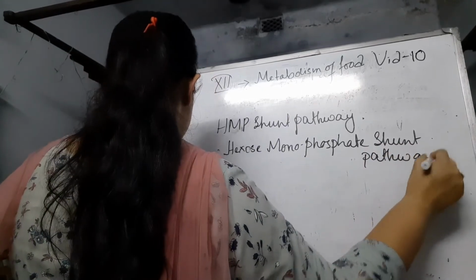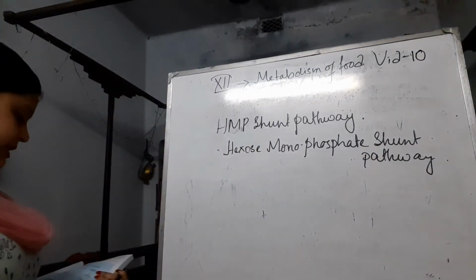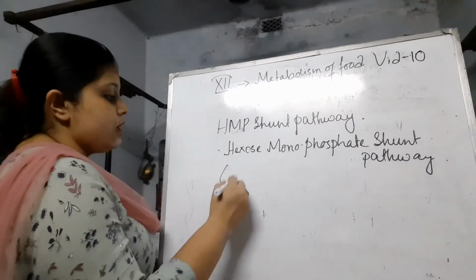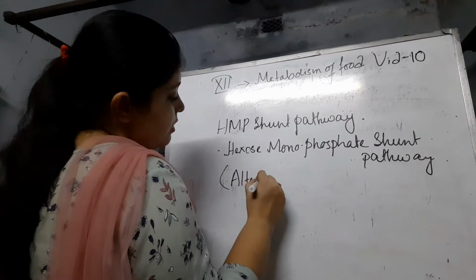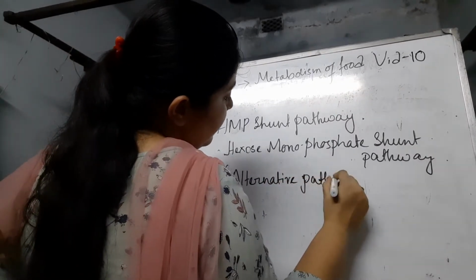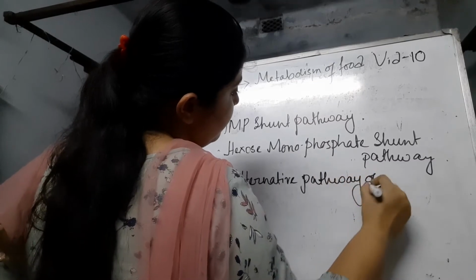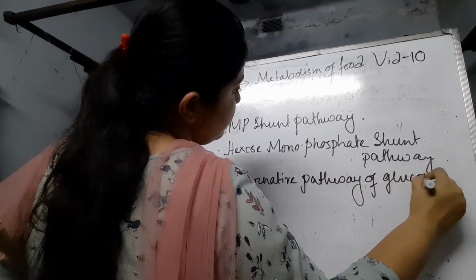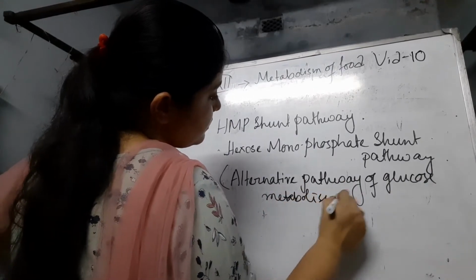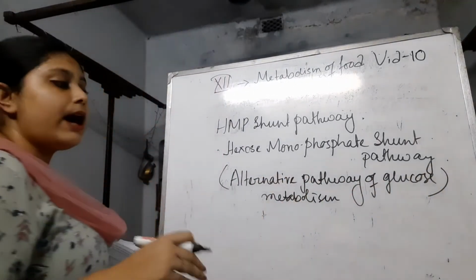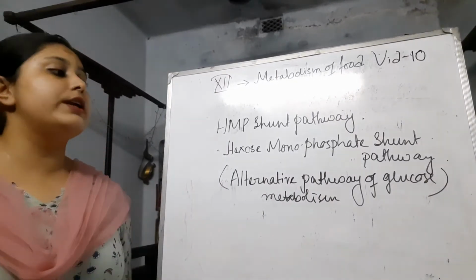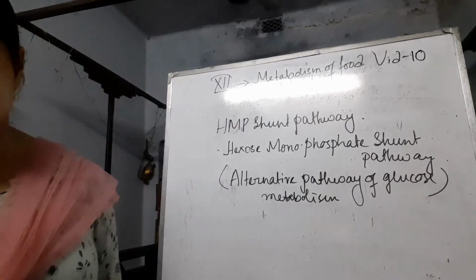As the name suggests, it is the alternative pathway of glucose metabolism. In the previous videos, we learned the direct pathways that regularly happen in our body, but this is the alternative pathway of glucose metabolism.